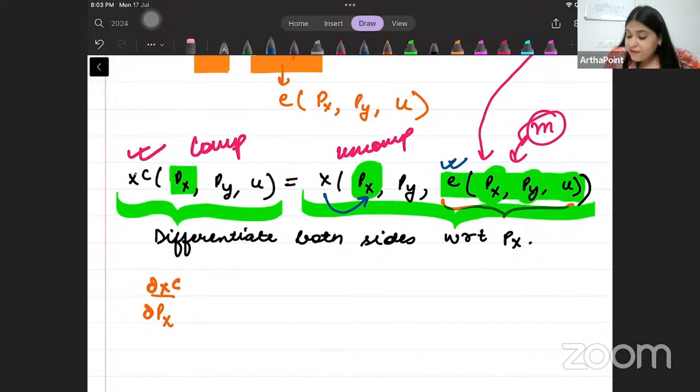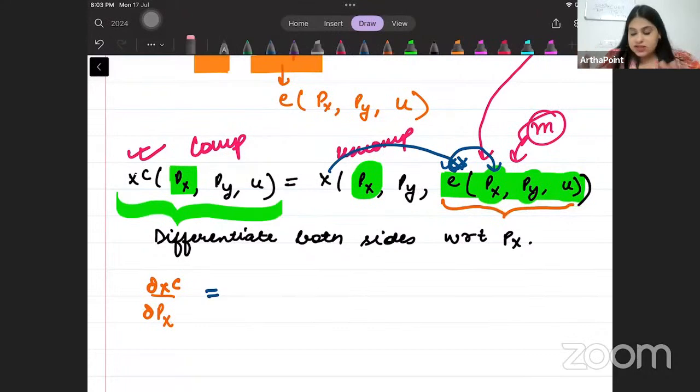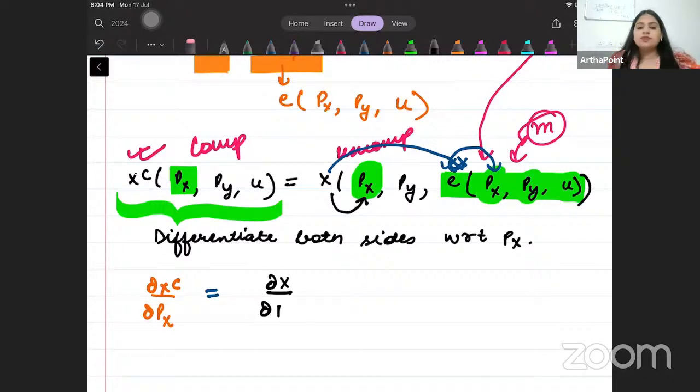But x is a function of expenditure. Expenditure is a function of px. Chain rule apply करना पड़ेगा. Let's try to differentiate this now. So if I apply differentiation, बहुत ध्यान से, x is directly a function of px. So how x changes as px changes? Plus x is a function of expenditure.